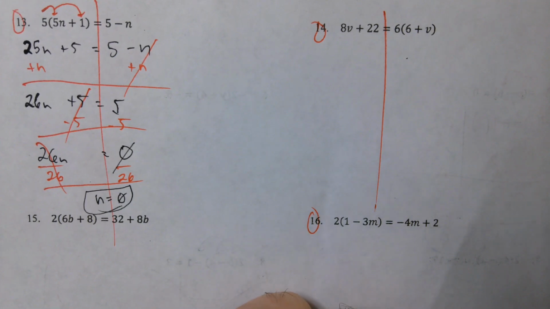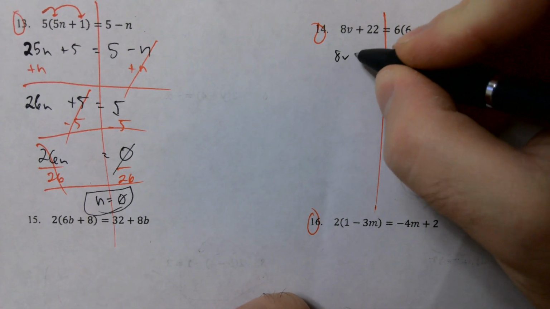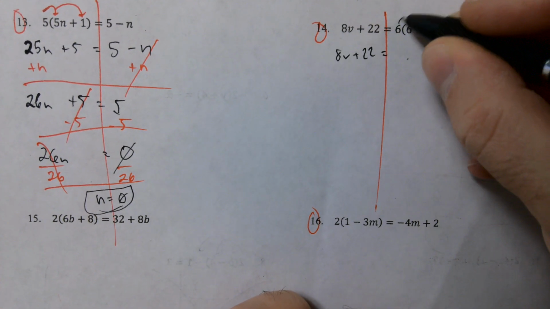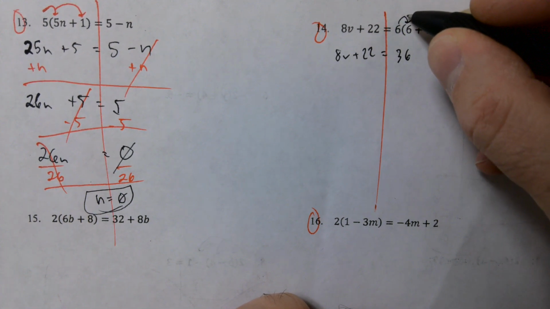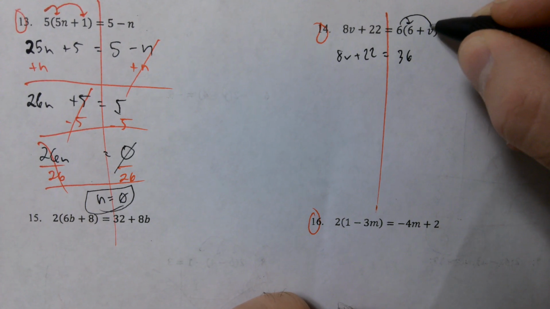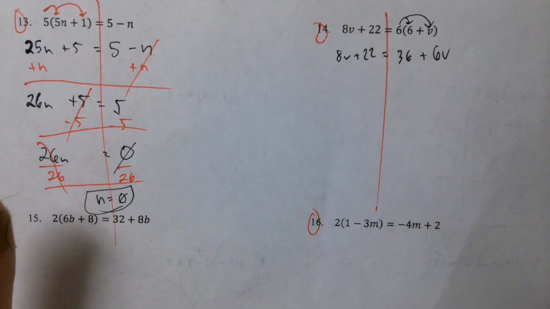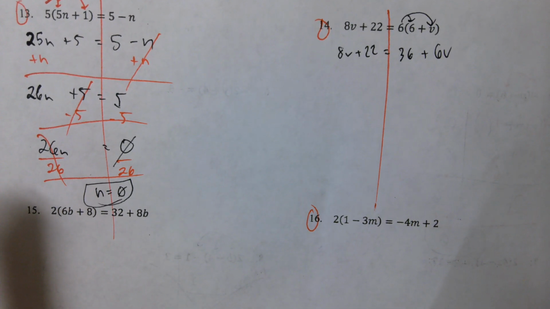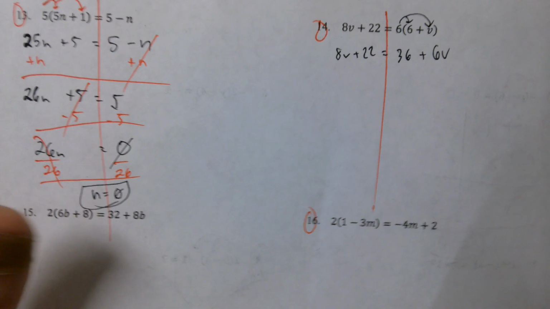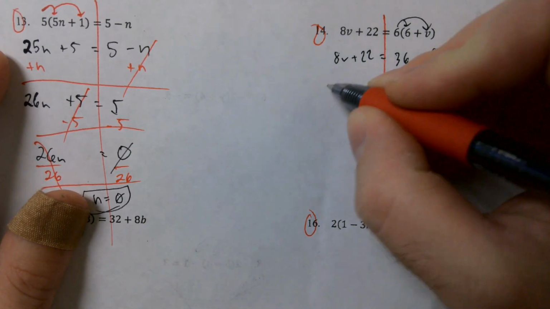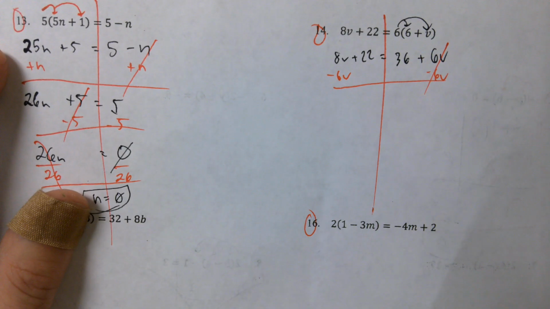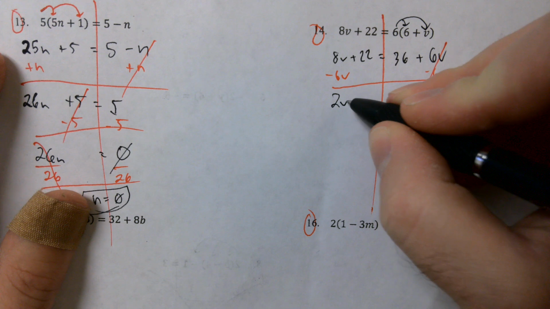For number 14, this one I don't think is too crazy, but let's see. 6 times 6 is 36. 6 times v is 6v. I'm going to subtract my letter to the left, giving me 2v.